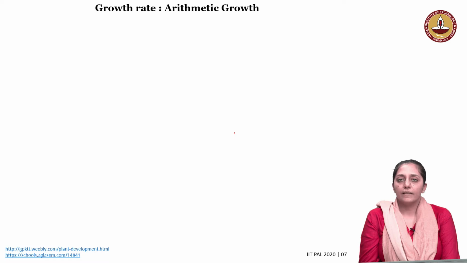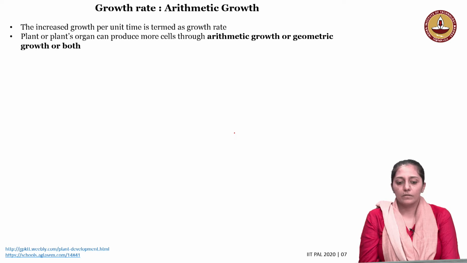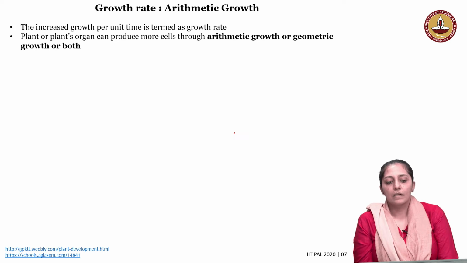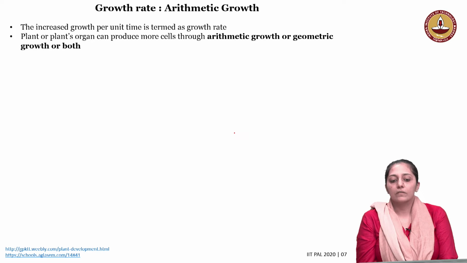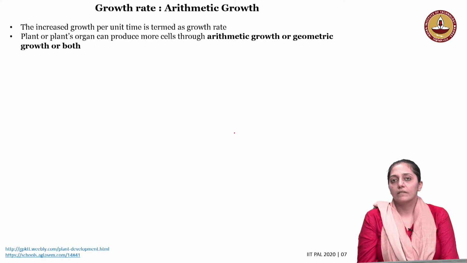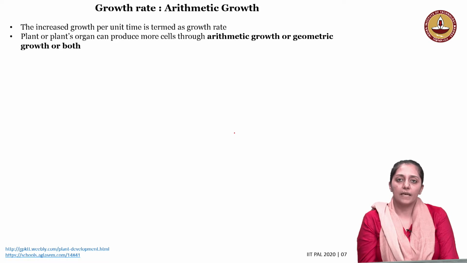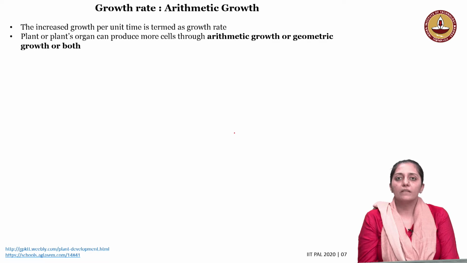Mathematically, there are two ways by which we can calculate the growth rate in plants. One is called arithmetic growth. The increased growth per unit time will be the growth rate. Anything called rate means we are determining per unit time. So, growth rate would be the rate at which the growth is happening.